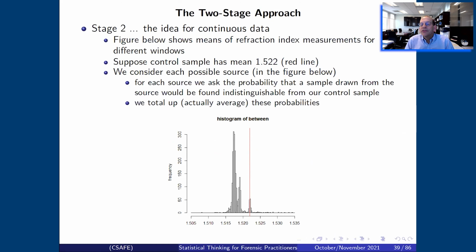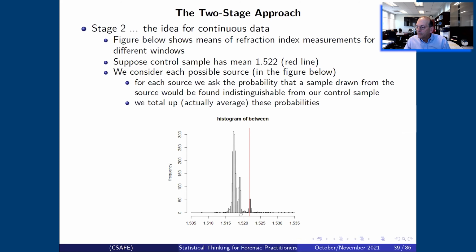To answer the stage 2 question, how likely is it that my test will conclude indistinguishable? What we really want to be able to do is say, oh, this is the population of glass in the world. A lot of glass samples are between 1.515 and 1.520. See all of those samples. If that were the truth, how likely would it be to get a match?